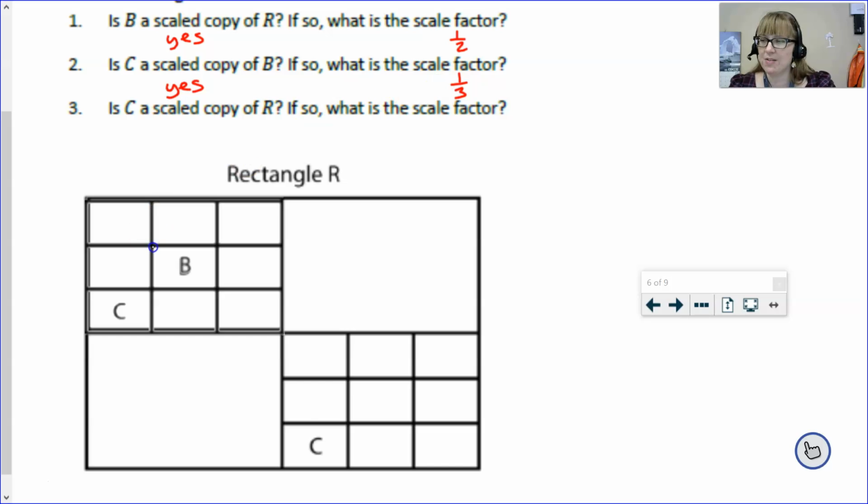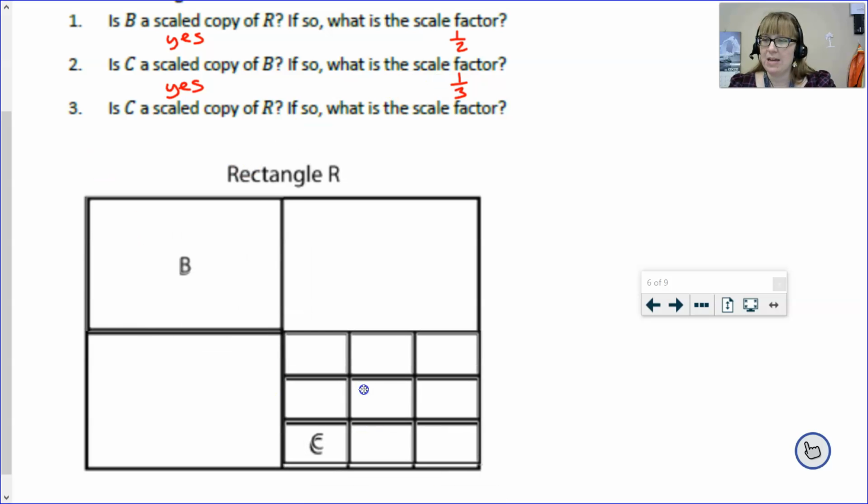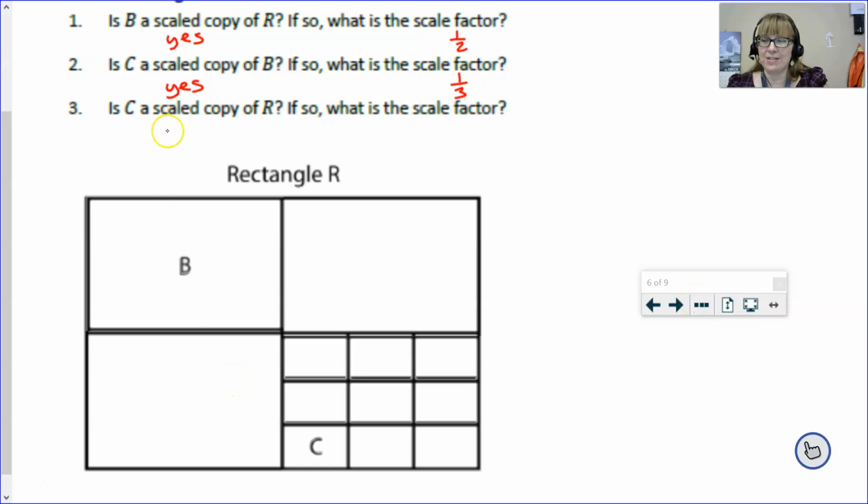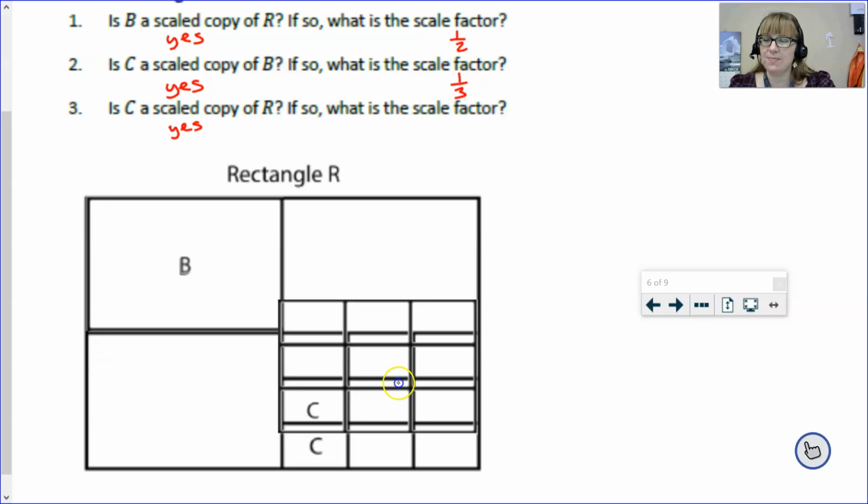So now think about this. If B is a scaled copy of R and C is a scaled copy of B, is C a scaled copy of R? If so, what is the scale factor? The answer, once again, is yes. They are scaled copies. And here's how we can see this.